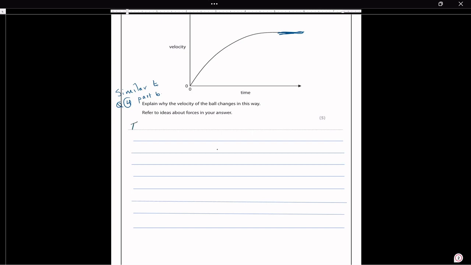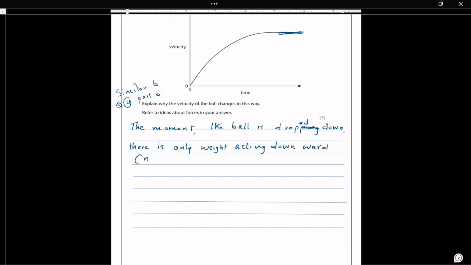The moment the ball is dropped down, there is only weight acting downward.